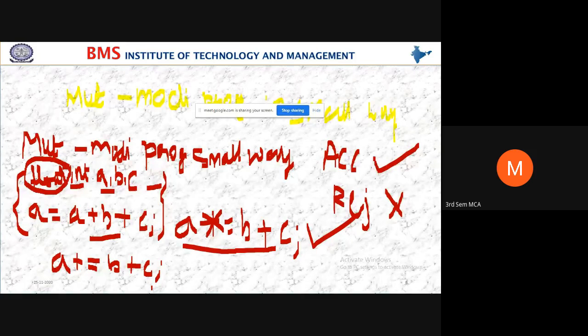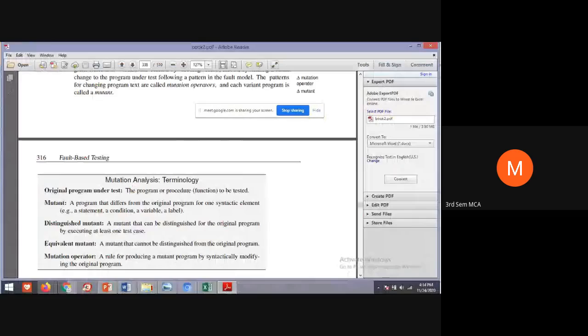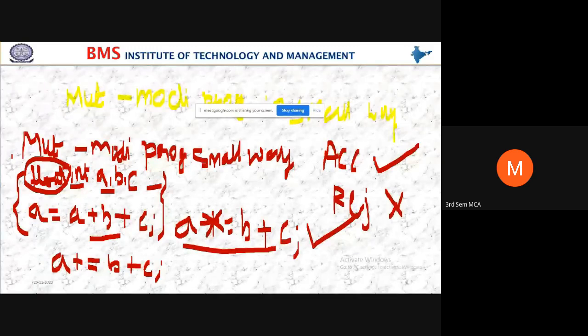So I have done the changes here. Generally, to find a leap year, we check year mod 4 is equal to 0. So this is one condition.